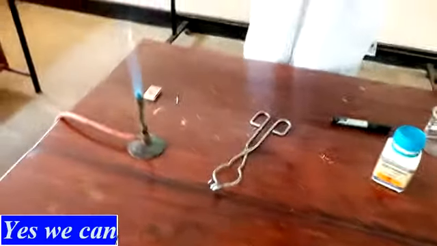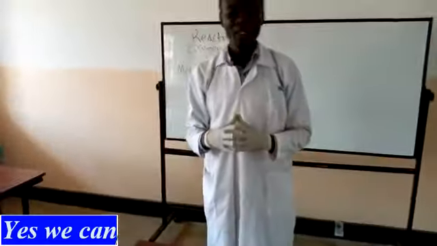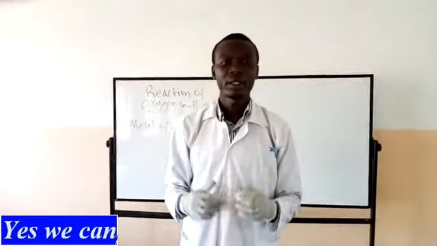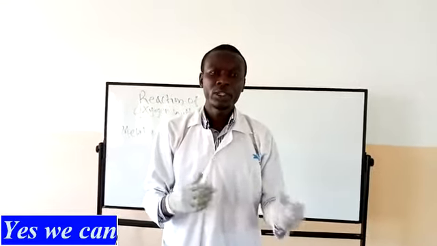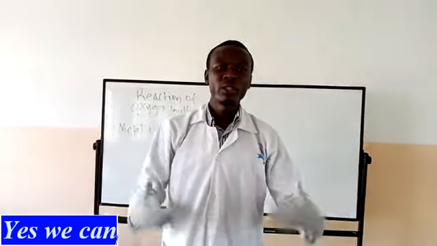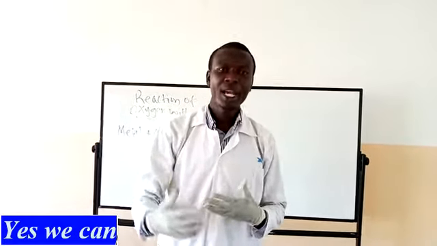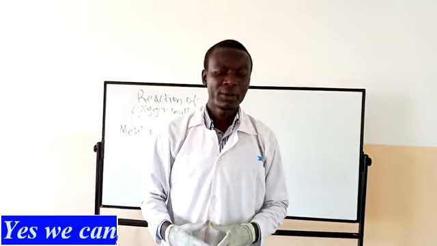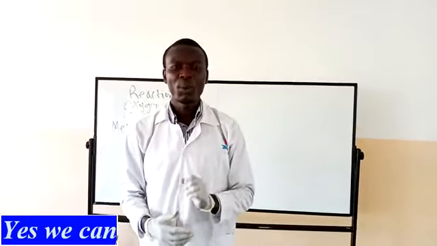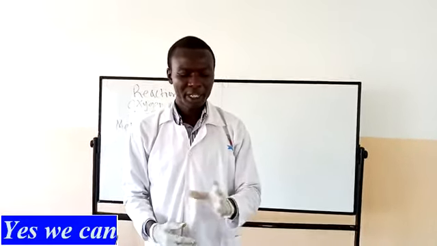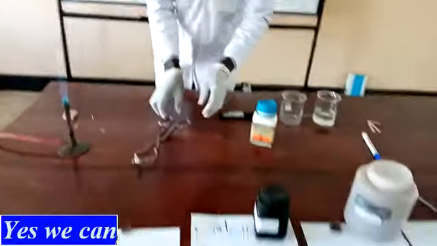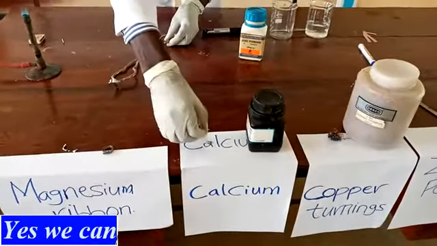Okay, now, as that cools, we say that these oxides, some of them can dissolve in water, while others cannot dissolve in water. But when they dissolve in water, they all form alkaline solutions. Therefore, we are going to try one example which dissolves in water, and that is calcium oxide.